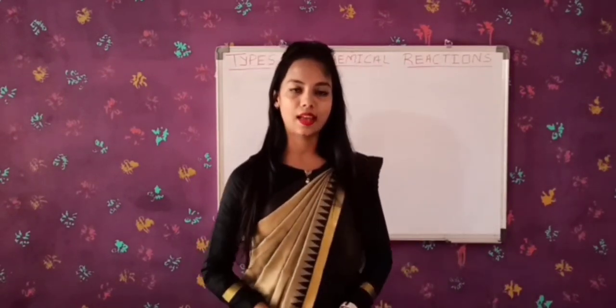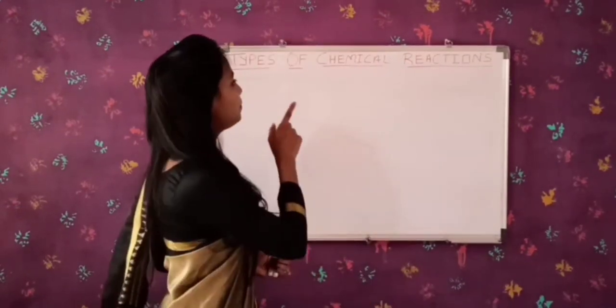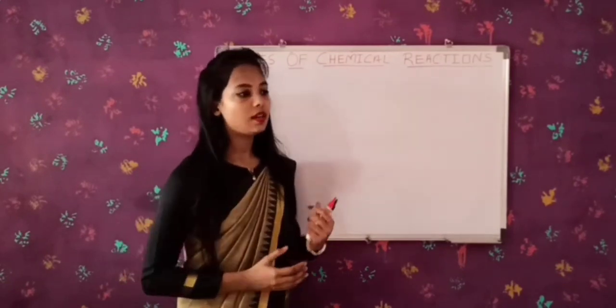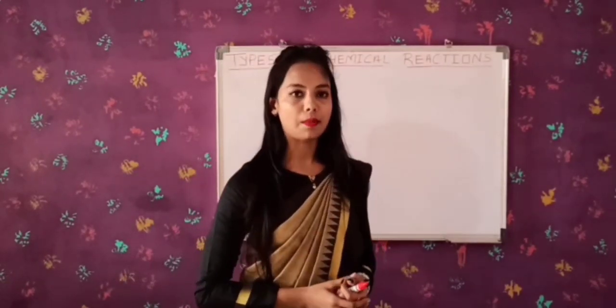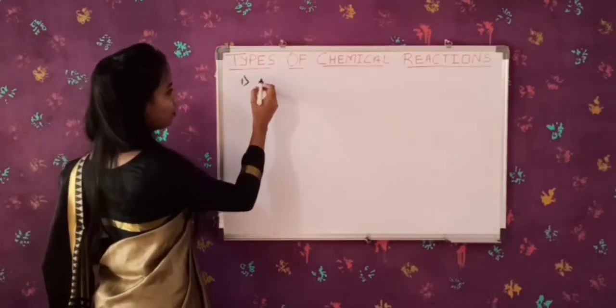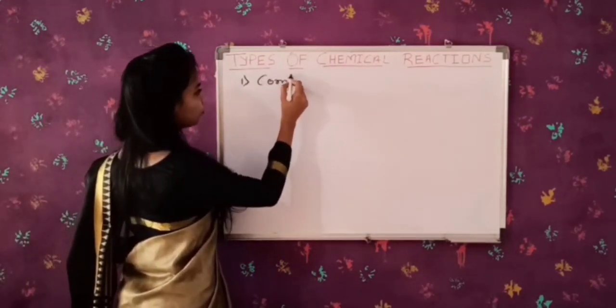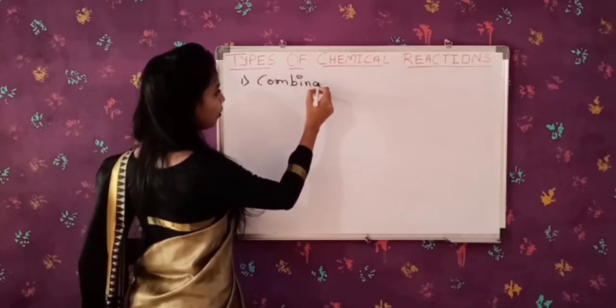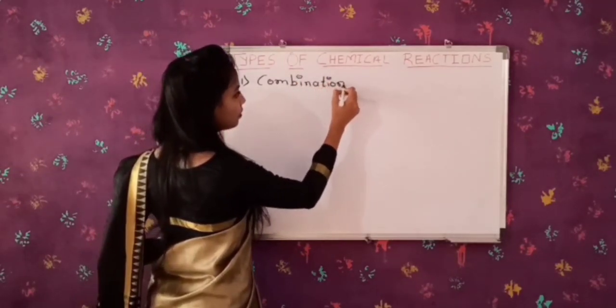This is 4th standard 10 and the topic name is types of chemical reactions. So here we are going to discuss some types of chemical reaction. Let us enlist first. First one is combination reaction.